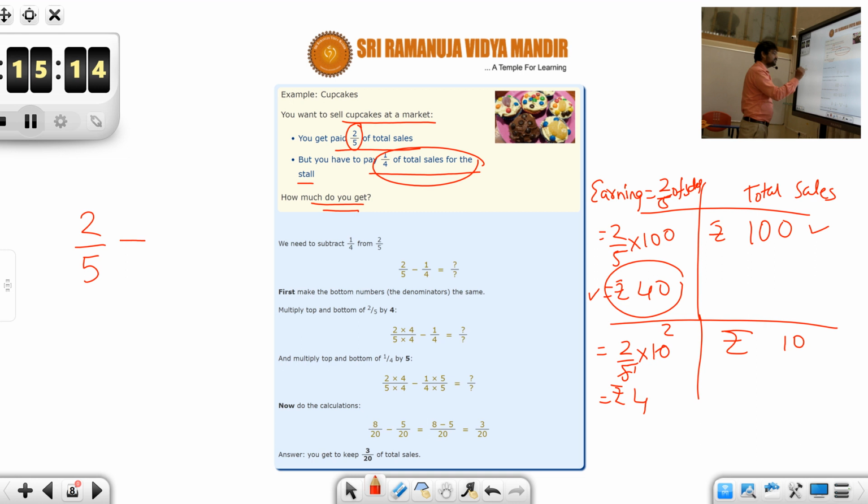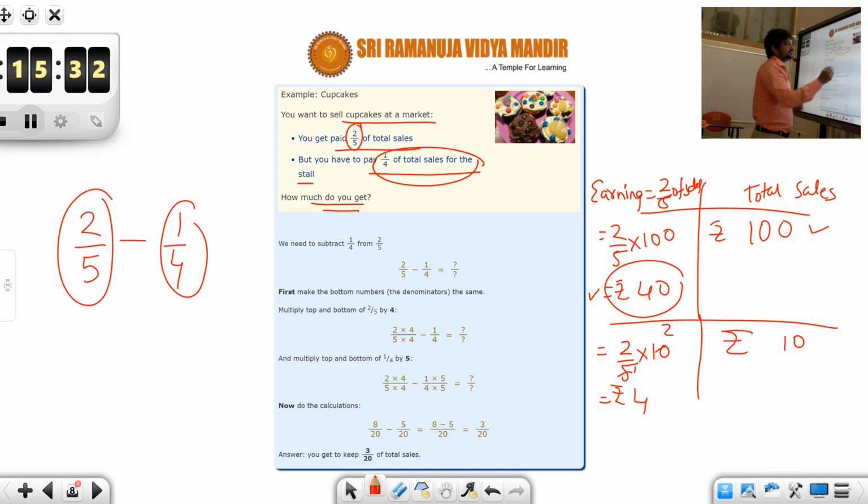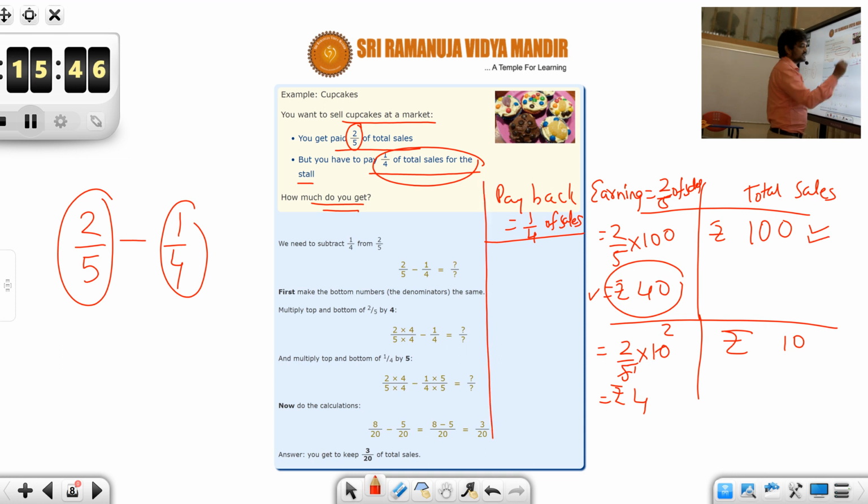Then you need to pay back something for the stall. How much do you need to pay back? That is 1/4. So pay back to the stall, that is 1/4 of sales. Okay, students. So if the sales are 100, 1/4 of 100, how much would this be equal to? 25.